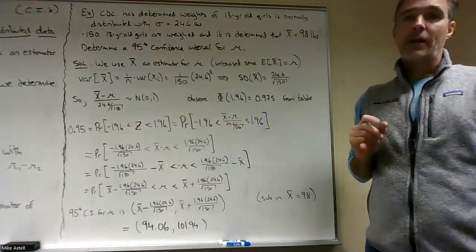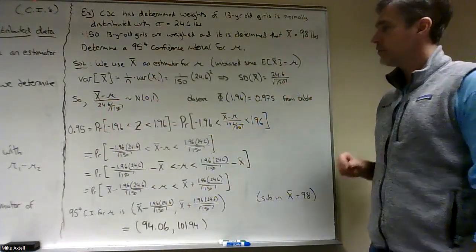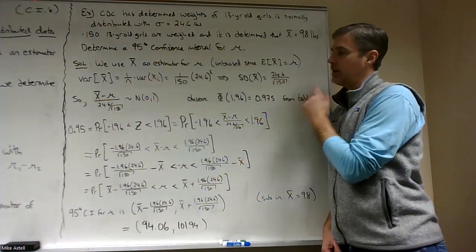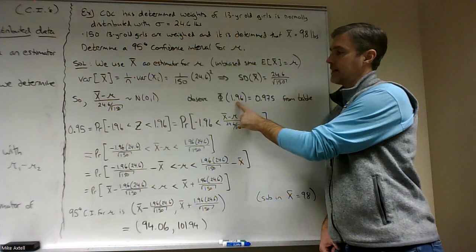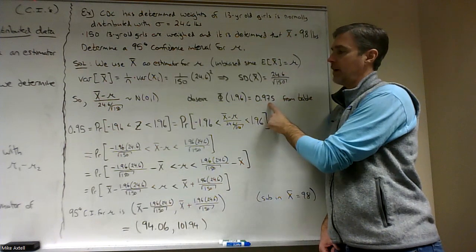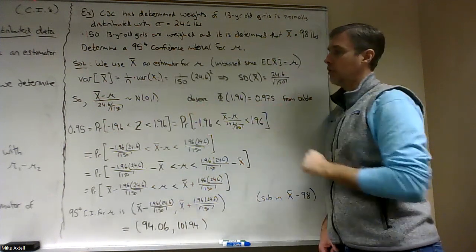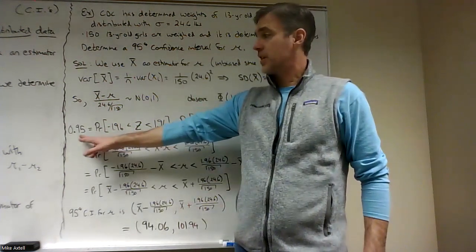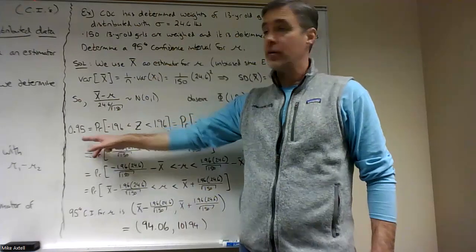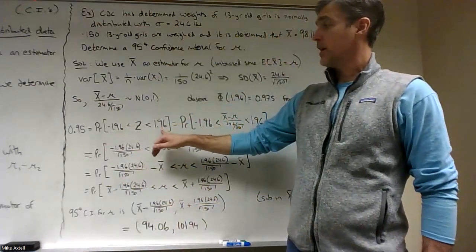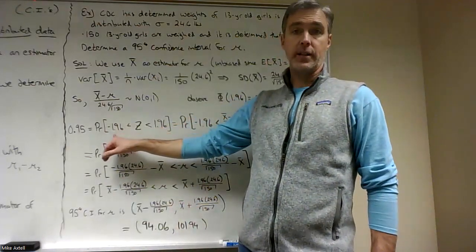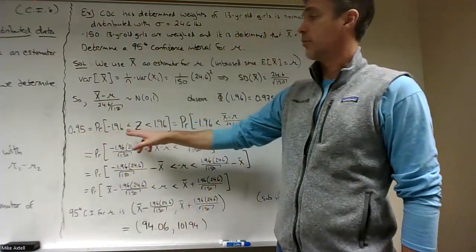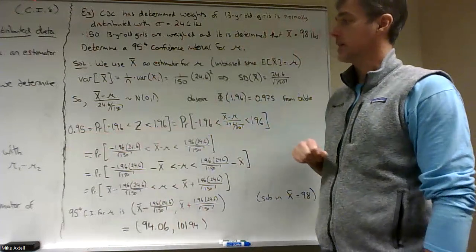And then since I'm after a 95% confidence interval, please observe on the table for the N(0,1) that at 1.96, I have 97.5% of the area to the left of 1.96, which means 95% of my area or my probability is between 1.96 and negative 1.96. So 95% of the probability for standard normal is between negative and positive 1.96.